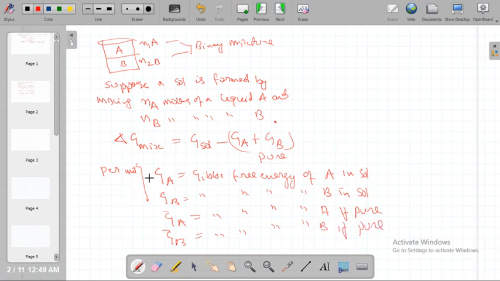So we consider these parameters per mole of the solution.